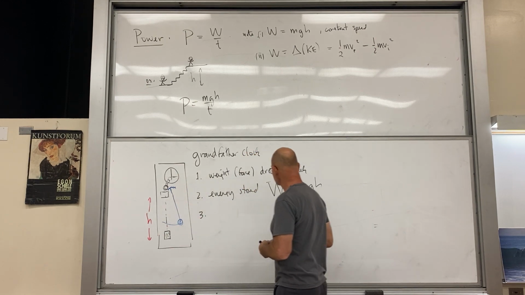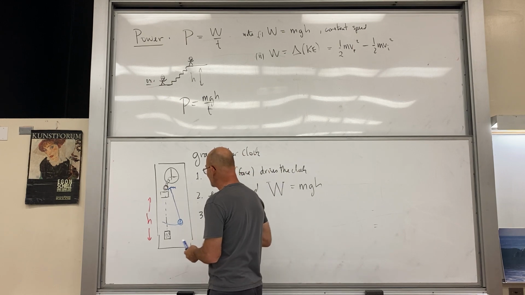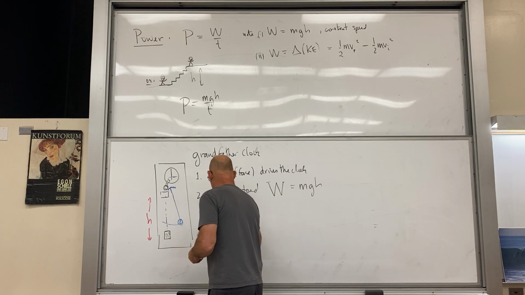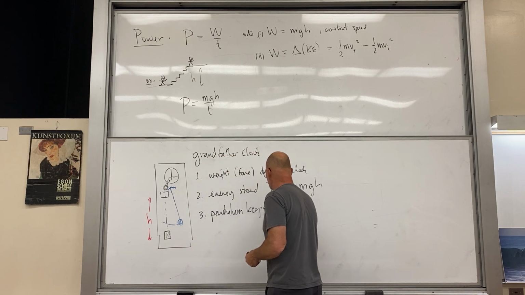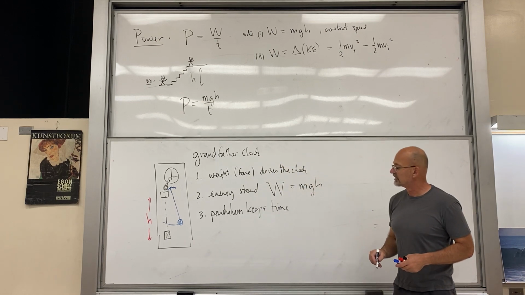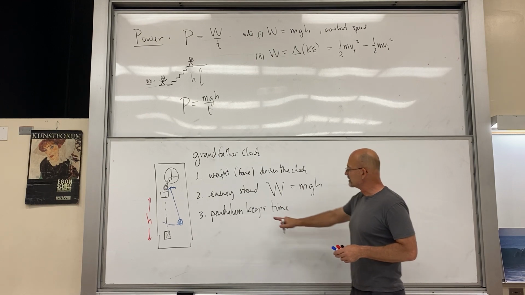Okay? So I'll just write here, the pendulum is what keeps the time. I could bring a pendulum in and demonstrate to you. We have that actually later in the semester. Pendulum keeps the time.